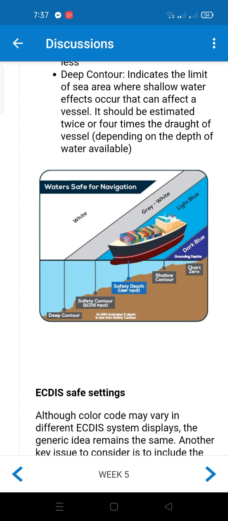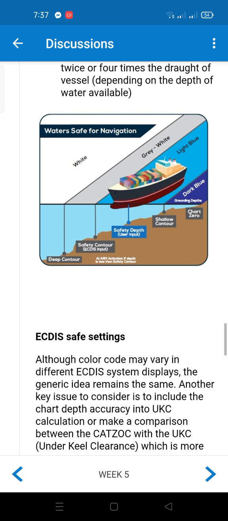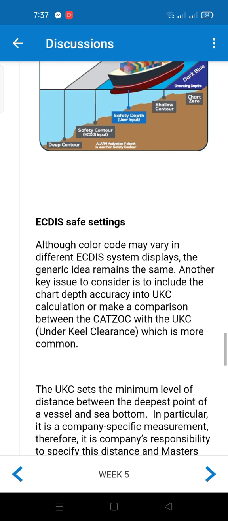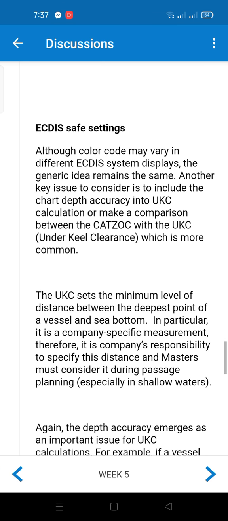Here's the safety depth, shallow contour, chart 0, safety contour, deep contour. ECDIS safe setting. Although color code may vary in different ECDIS system displays, the generic idea remains the same.